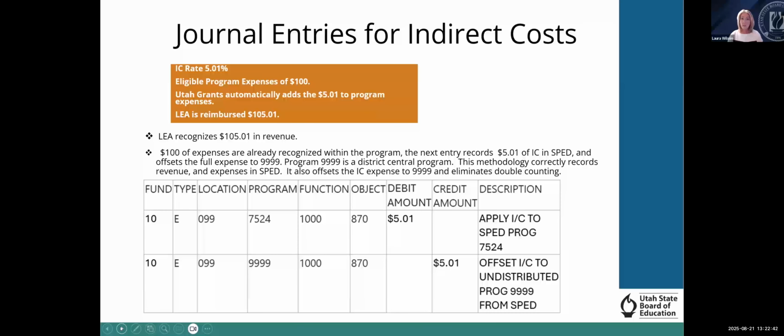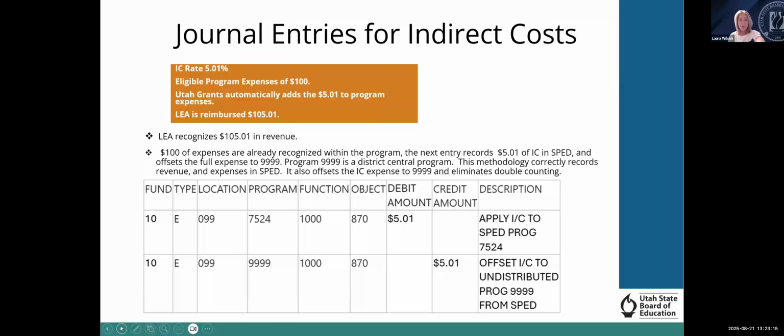So the LEA will be reimbursed for the full $105.01. For your journal entry, you will recognize the full $105.01 in revenue. And then the $100 in expenses was already recognized within the program. So this next entry records the $5.01 of indirect costs in SPED. You can see their fund, function, and object.